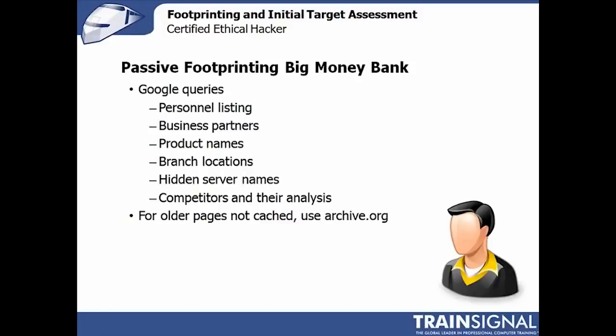For example, you might see accounts.bigmoneybank.com or vpn.bigmoneybank.com or oa.bigmoneybank.com. Those are things that often show up in search engines because they're looking in a slightly different way, but wouldn't show up with a basic probe, even a direct probe. That's great information to have.